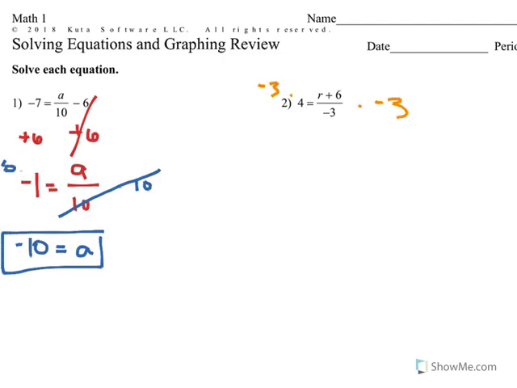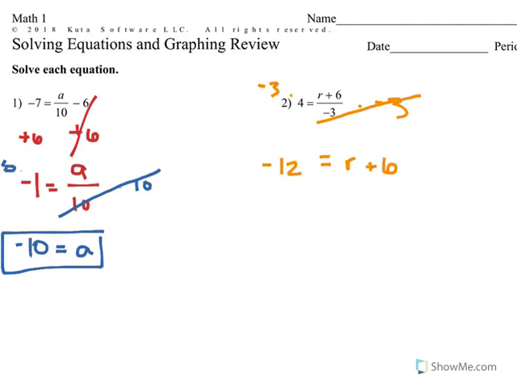And whatever I do to one side, I am going to do to the other side. Now, just like I saw before, multiplication is what will undo that division. That's how I know that that just cancels out. So all I have to do is simplify the left-hand side. Negative 3 times 4 simplifies to negative 12, and it is equal to, since that negative 3 canceled out, just r plus 6.